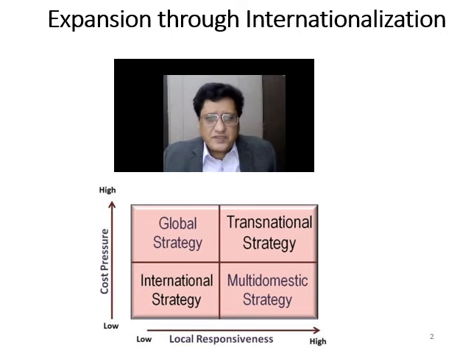The need for this arises when the organization realizes that it has already explored all domestic options and has plateaued, and if it finds the foreign market very attractive, it adopts the strategy of expansion through internationalization.